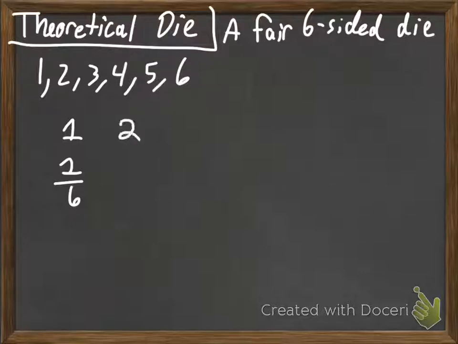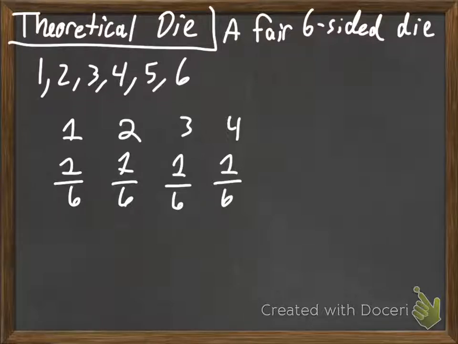The theoretical of rolling a 2 is also 1 out of 6. 3, 1 out of 6. 4, 1 out of 6. 5, 1 out of 6. 6, you guessed it, 1 out of 6.